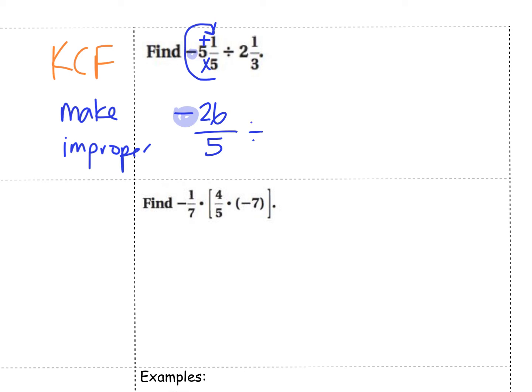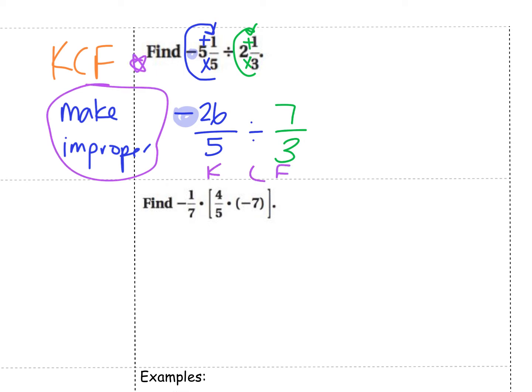Divided by. Don't do too much at once. Make my next one improper. Multiply, then add. 2 times 3 is 6, plus 1 is 7. The bottom stays the same. As soon as you have them both improper, then you keep, change, flip. So KCF: negative 26 over 5 times 3 over 7.